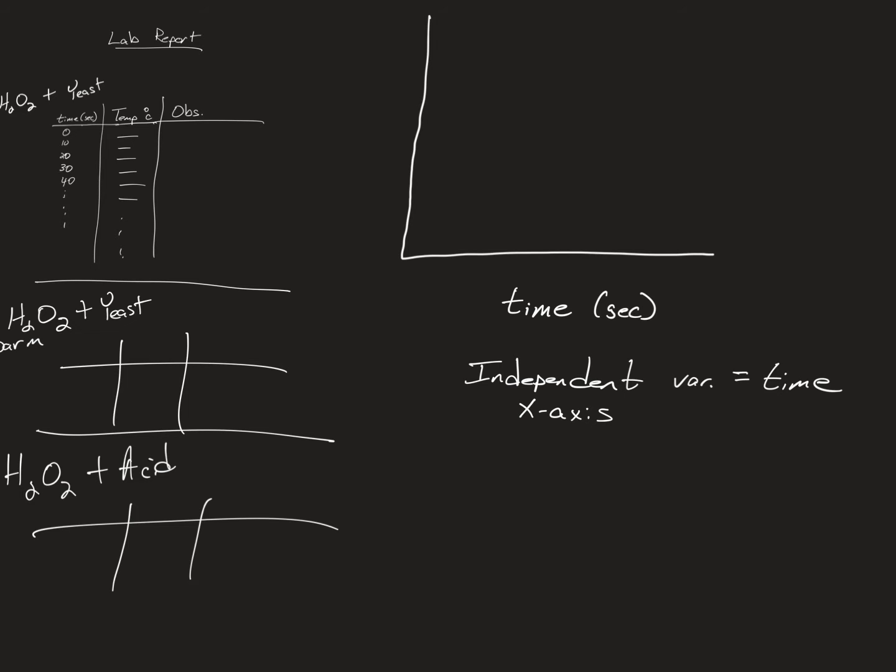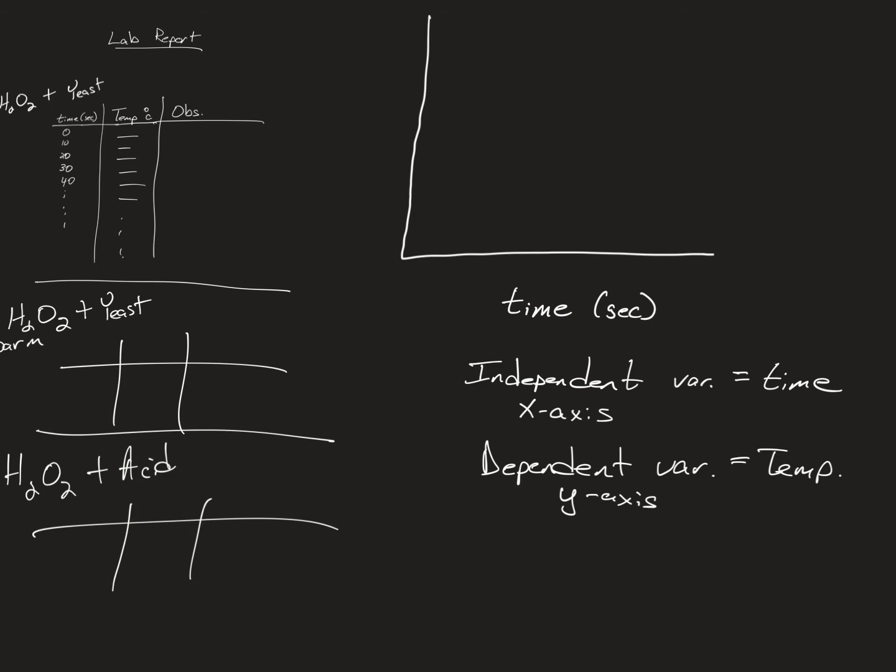Then on the y-axis is the dependent variable. And it's just a simple question you ask. In this case, it's temperature. It goes on the y-axis. When you're doing this, it's a real simple question that people, for some reason, find real difficult to understand.